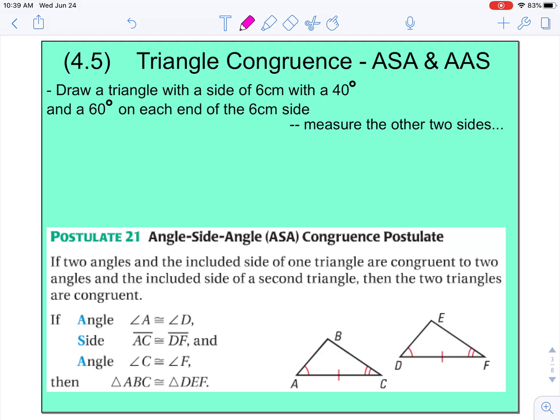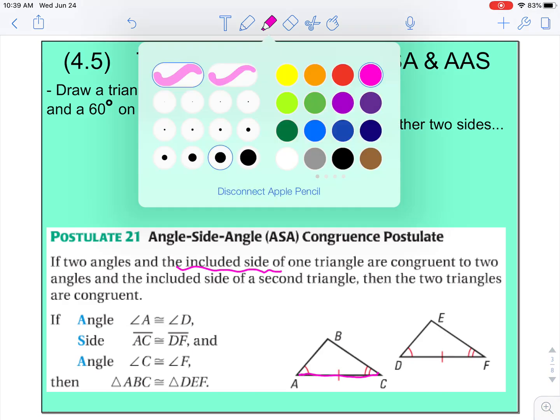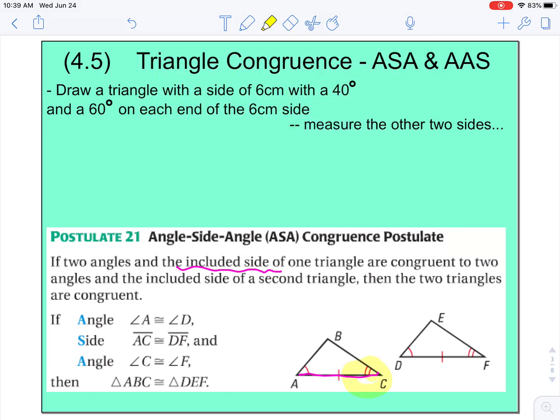Remember, the side has to be the included side, between the two angles that you are given. So you're given these two angles are congruent and the included side, and what we have is angle, side, angle, angle, side, angle. Okay, so that's one of them.